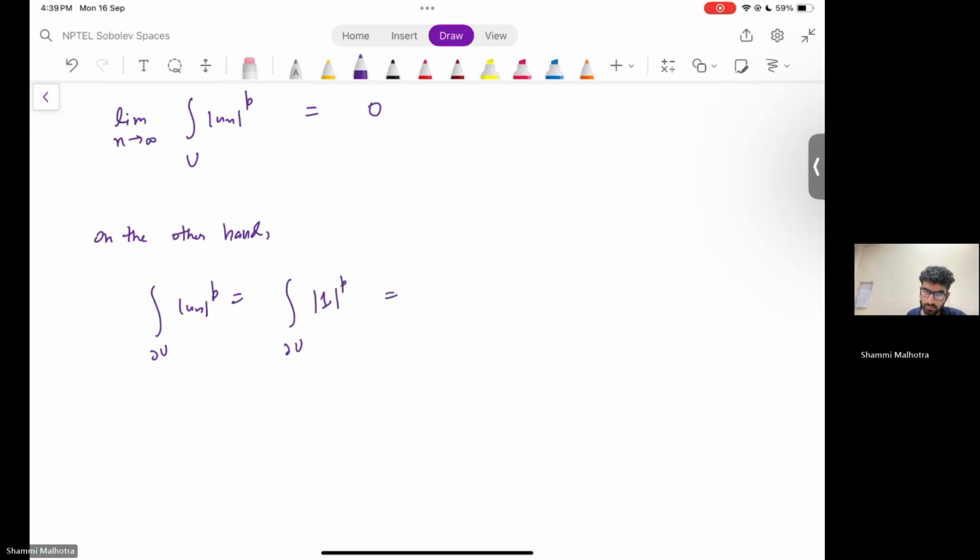So this thing is something, the measure of my boundary, and not only that, in the measure sense this is actually a surface measure. So this is a measure in the n-1 dimensional space. So this is a finite quantity, and not even zero, since it is finite as well as a positive quantity.